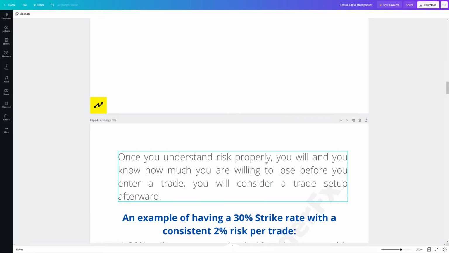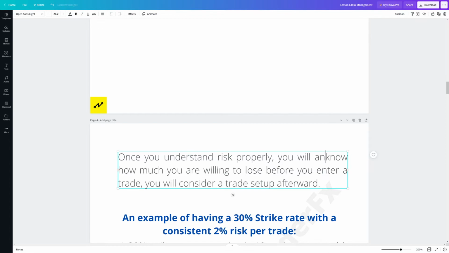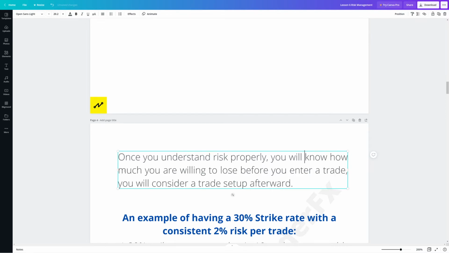Once you understand risk properly, you will know how much you are willing to lose before you enter a trade.